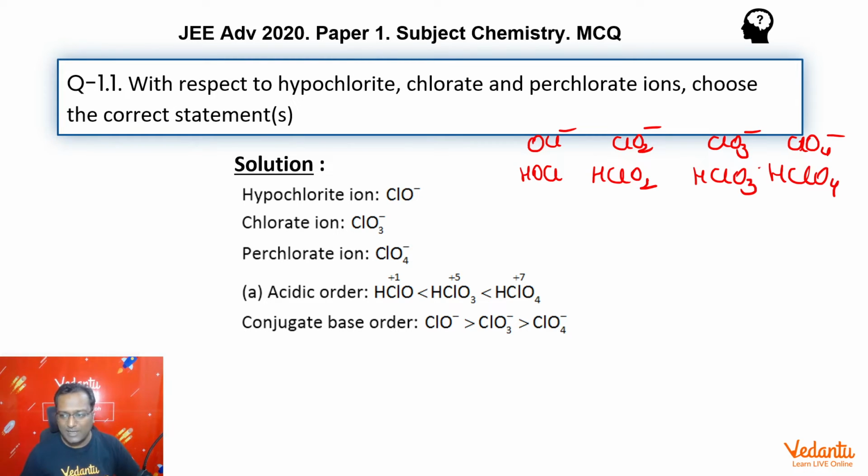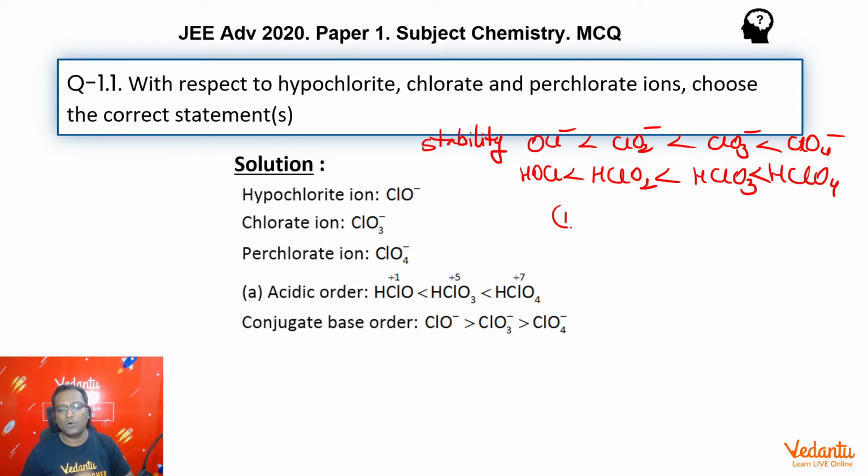Now, we know that the acidic order is this, that is HClO4 is more acidic than HClO3 and so on. Why is that so? Because the conjugate base is more stable. This becomes the order of stability of conjugate base. Okay. Now, why is this the order of stability of conjugate base?